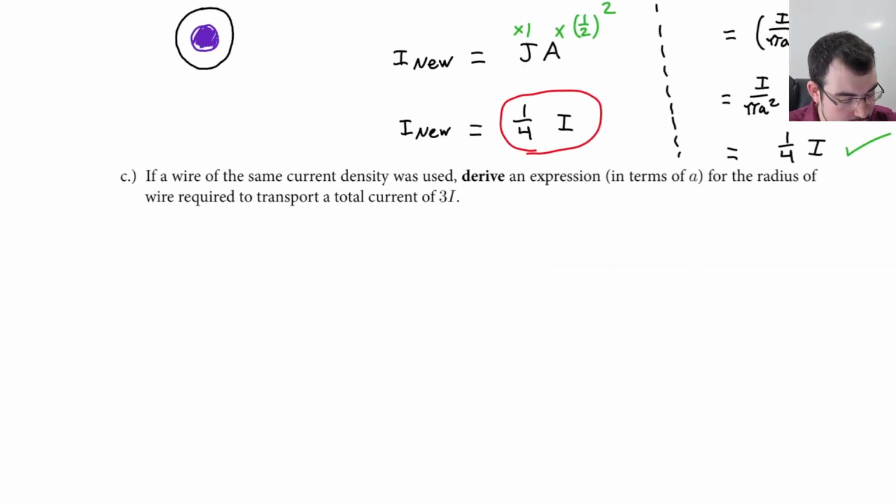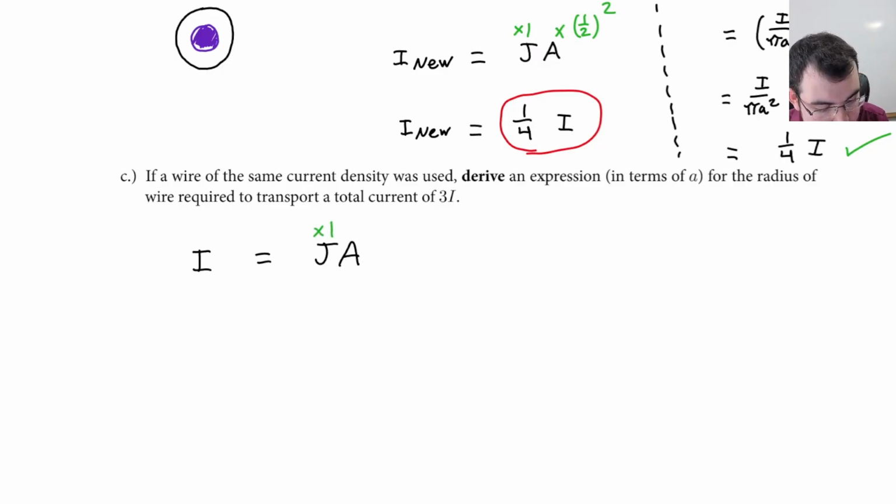If a wire of the same current density was used, derive an expression in terms of A for the new radius needed to get triple the current. So we already came up with this equation that says I is equal to J times A. And what we want is triple the current. And it says same current density.